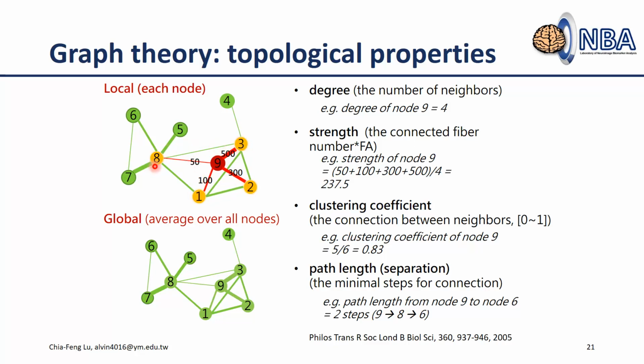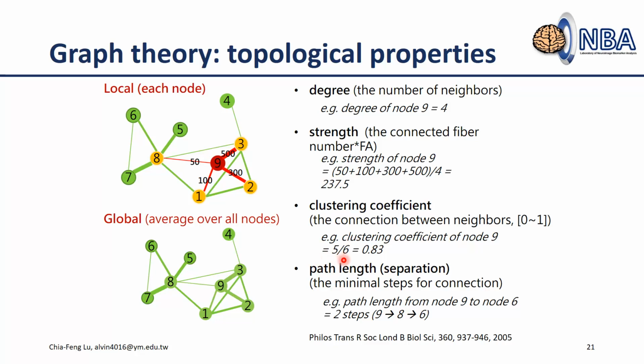Not the connection between 8 and 9, 1 and 9, 2 and 9, or 3 and 9, but the connections between 8, 3, 1, 2. That's the clustering coefficient. It tries to estimate how tight the connections are between a node's neighbors. It's a pretty weird description, because I'm not focusing on 9, but on the connections between its neighbors.